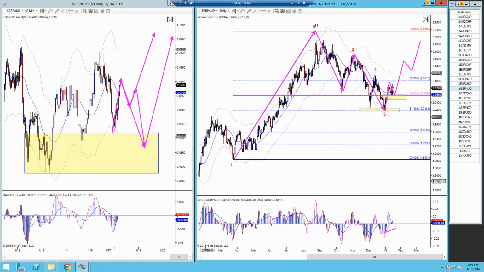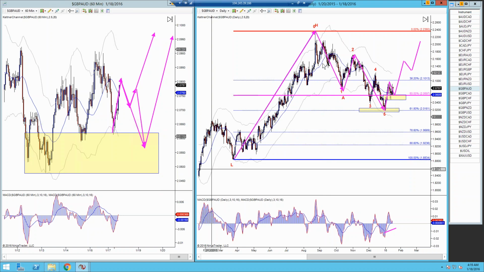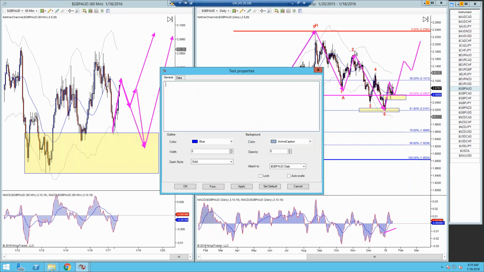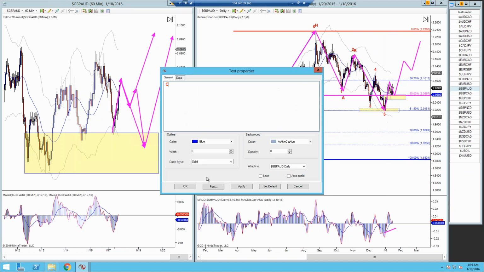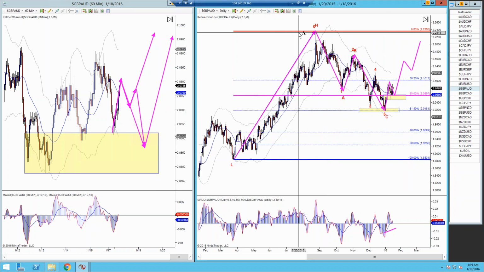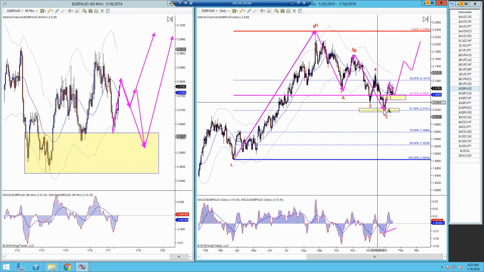Okay, here's your A, here's your B, here's your C. Okay, so within this structure, you have a nice 5-wave down, plus it's a large ABC corrective wave. All right.